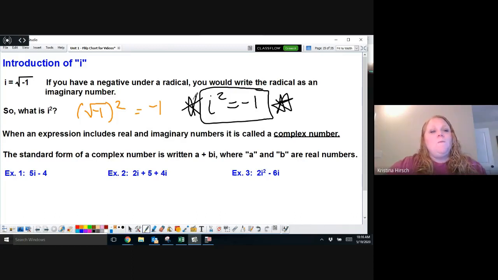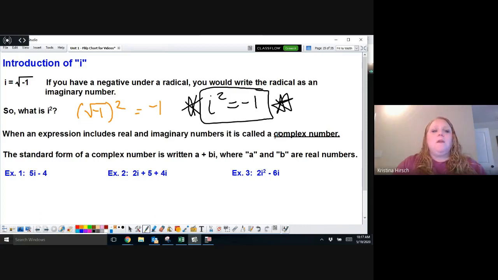Sometimes you're going to have expressions that include real and imaginary numbers. If that happens, then you're dealing with what's called a complex number. A complex number is just an expression that includes real and imaginary numbers. Real numbers are the numbers that you're used to. 5 is a real number. -5 is a real number.